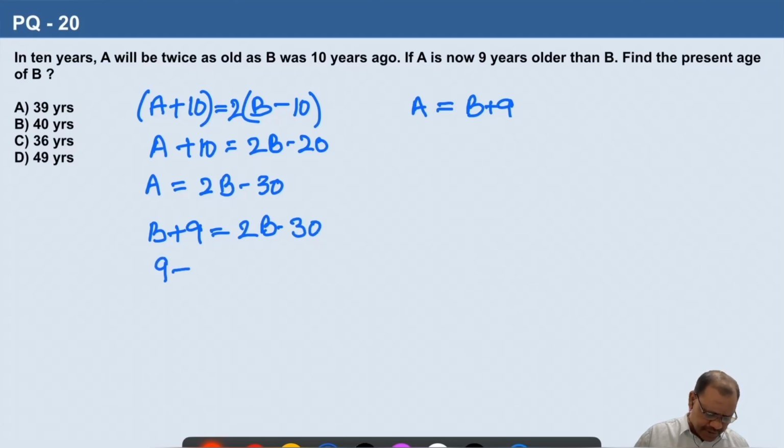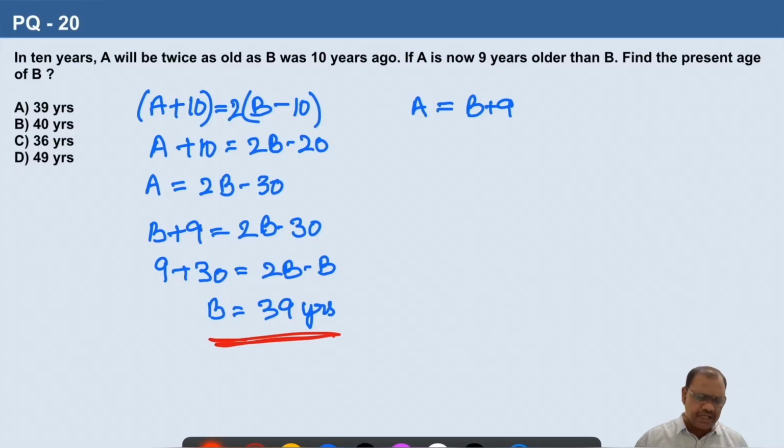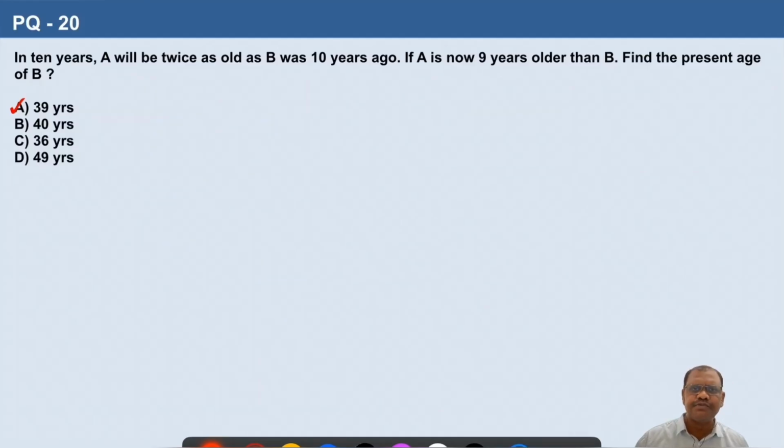So 9 plus 30 is equal to 2B minus B. So B is equal to 39 years. So option A is the correct answer. 39 years is the age of B. So we need to form an equation using the given statements and try to solve those equations.